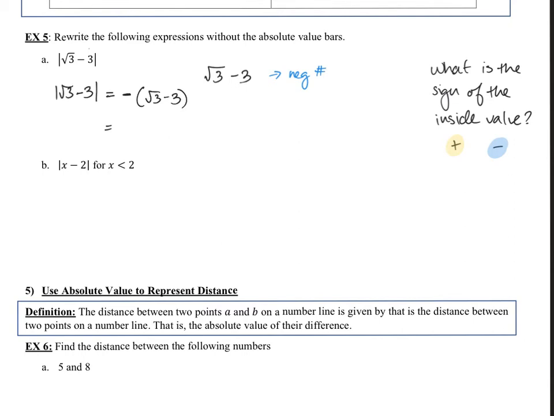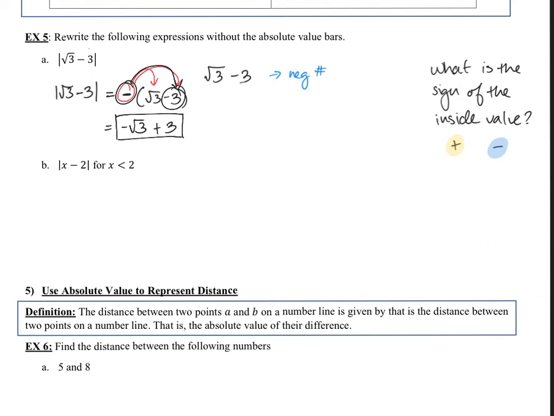So then that's the negative of root 3 minus 3. Using the distributive property, distribute over that negative, and we end up with negative root 3, and then negative times a negative is positive, so we end up with positive 3. And there is our answer.